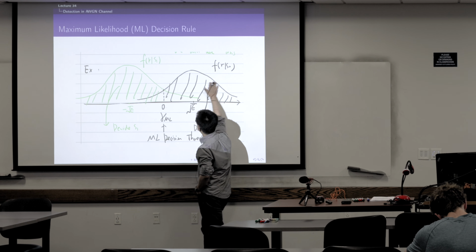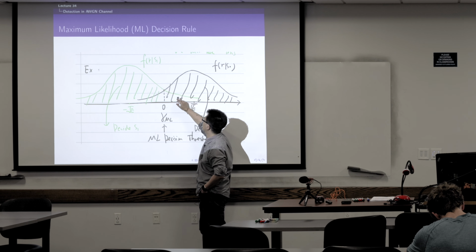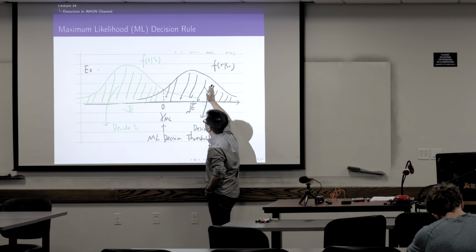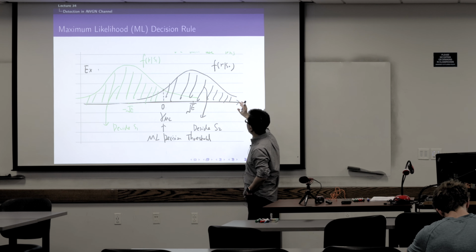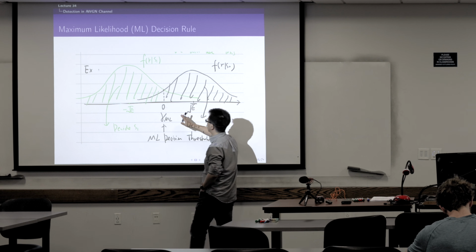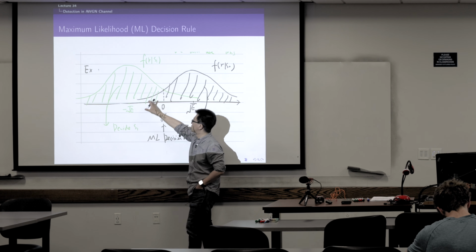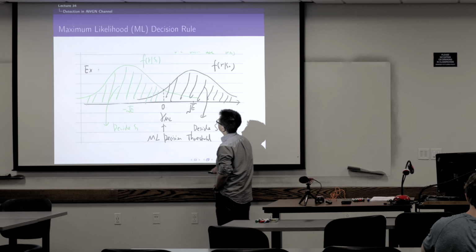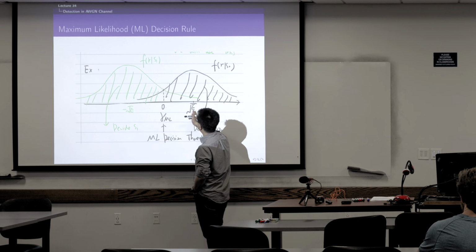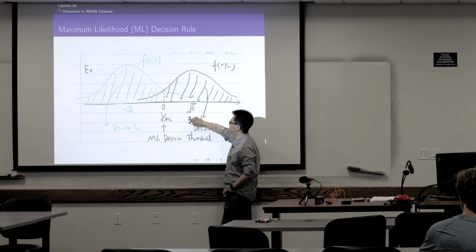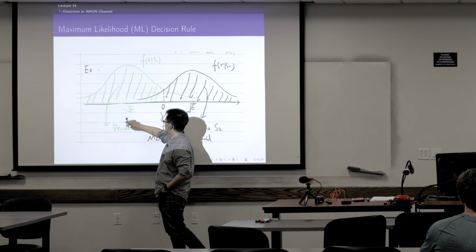In this regime the black one is bigger than the green one, so we decide S0 sent. In the regime where the green one is bigger than the black one, we decide S1 sent. The means are given by the square root of the energy of the transmitted signal: square root of E and minus square root of E.